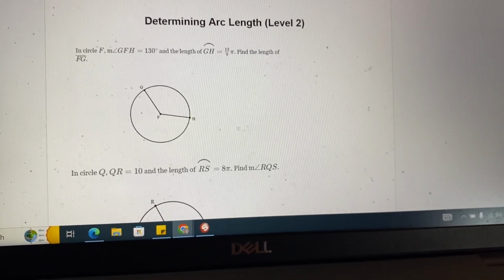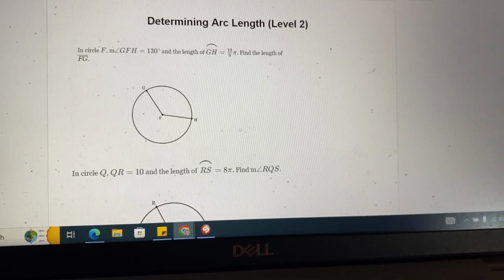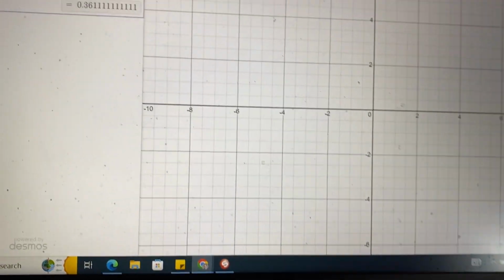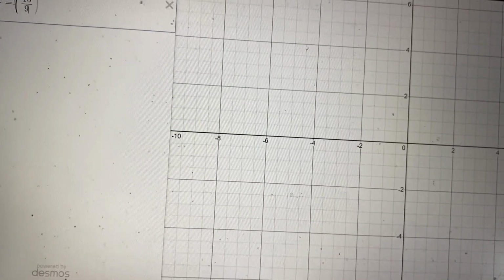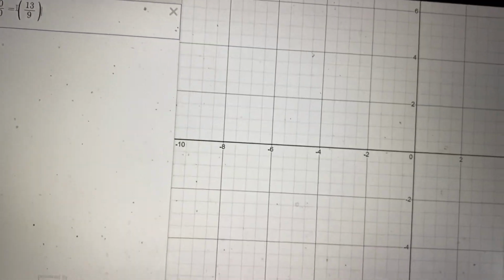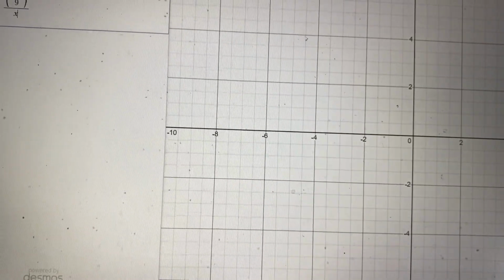So I go back to my calculator here, is equal to, and I'm going to say 13 over 9. I close my parenthesis there, divided by x.